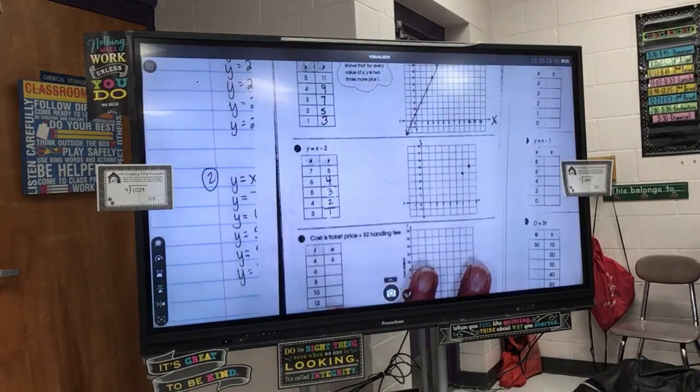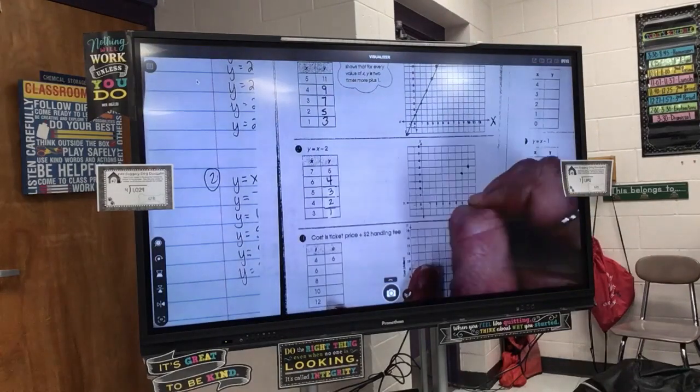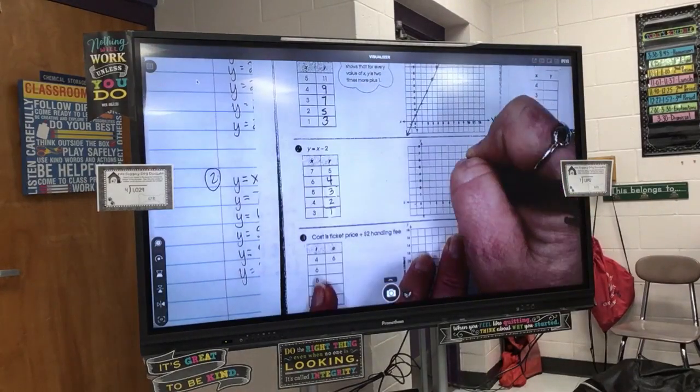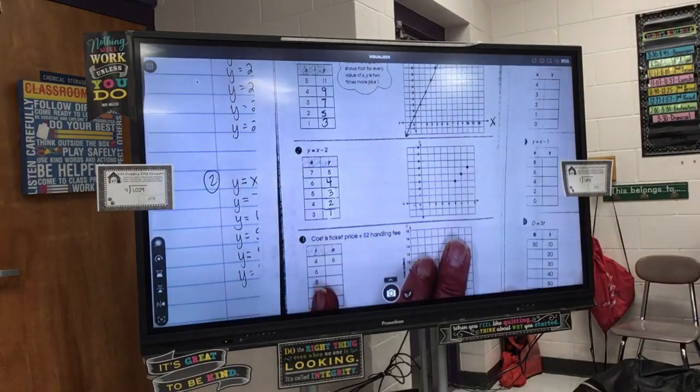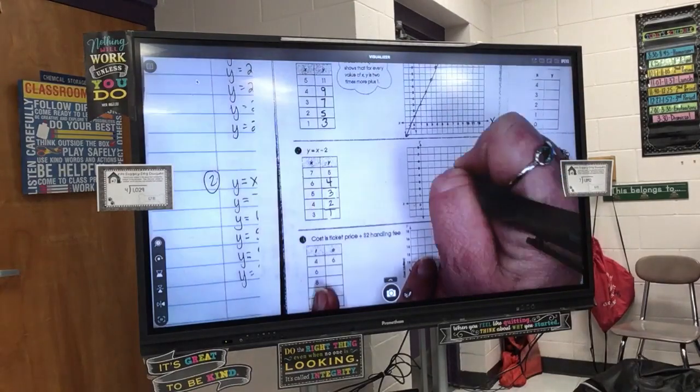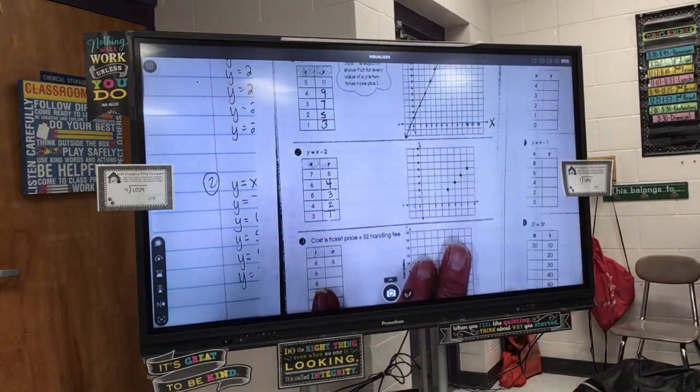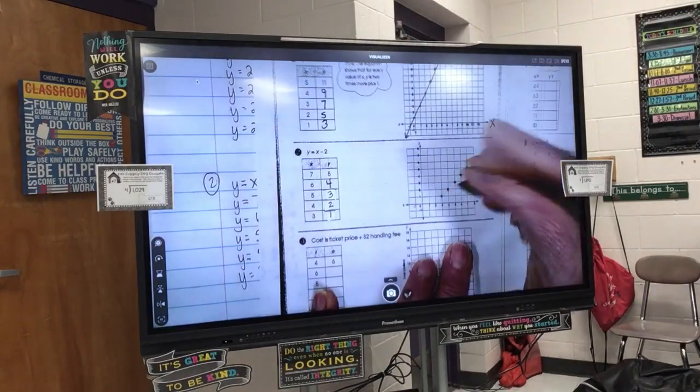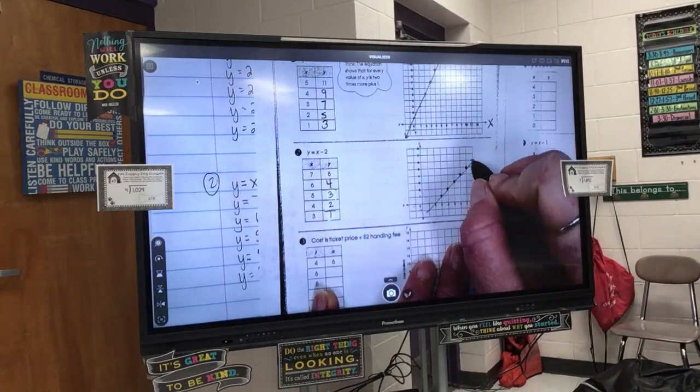The third one, Mason? You go to the right 5 and up 3. Caleb, the fourth one? You go to the right 4 and then up 2. And the last one, Justin. You go to the right 3 and go up once. And then draw your line.